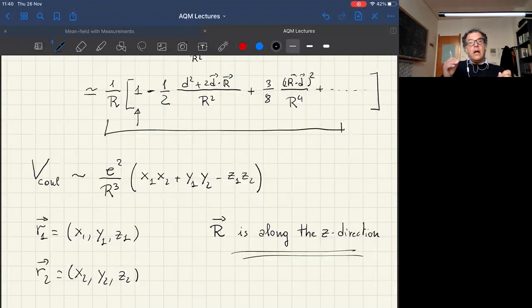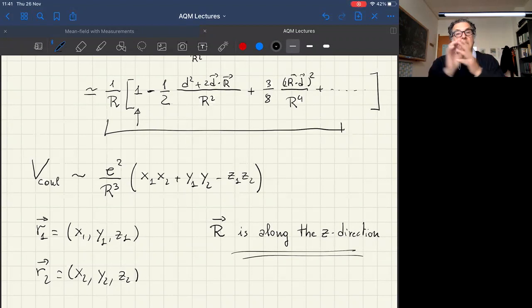Now, do you think this is reasonable? Yes. But there is some extra underlying assumption that we are making here, which is not completely written in what we do.